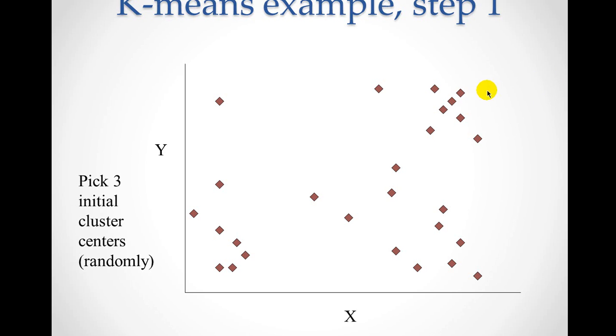Okay, so pick 3 initial cluster centers randomly. First of all, we say 3, and then the algorithm will just arbitrarily choose in this space 3 random points to be the so-called centers of the cluster. So maybe there'll be a dot here and a dot here and a dot here. Any 3 random places it will choose as the initial cluster centers.